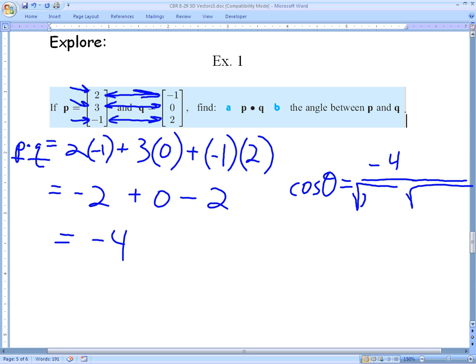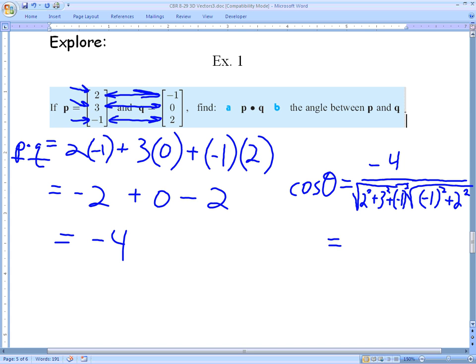So I have 2 squared plus 3 squared plus (-1) squared. Important to have parentheses there. And now I do the same thing for my second vector, vector q. I have (-1) squared. There is no y component, so it's going to be plus 0 squared. And then finally plus 2 squared here.